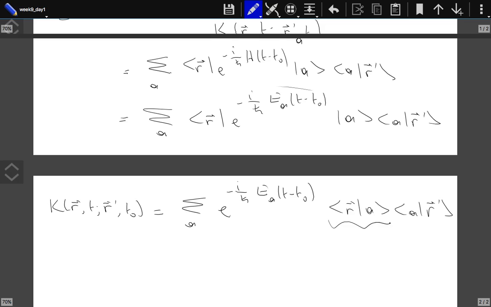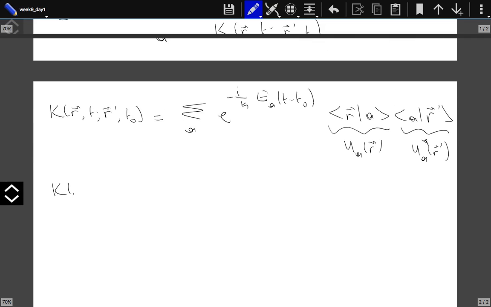But keep in mind, this is nothing but the wave function of the energy eigenket. So we can just write it as u_a(r). And if you take its complex conjugate, it's again the wave function of the energy eigenket a, so that is u_a of r prime, complex conjugate. So if we know the eigenkets and eigenvalues of our Hamiltonian, we can write this evolution operator.